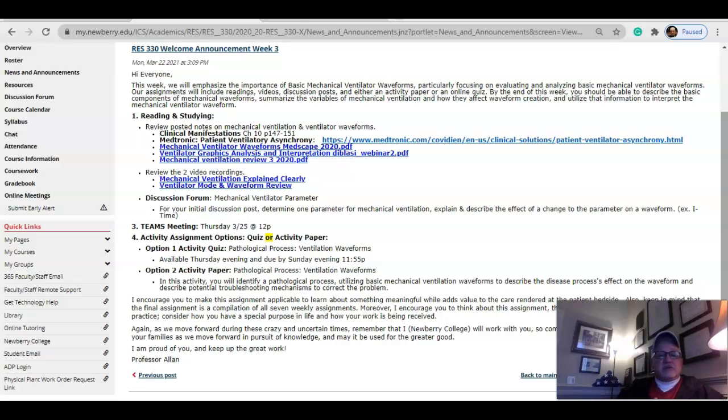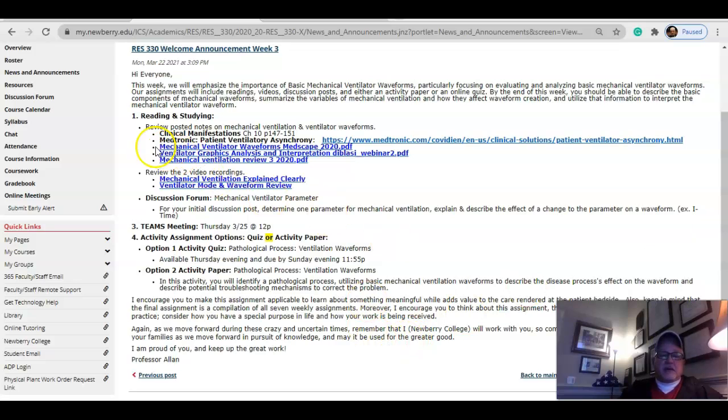By the end of this week, you should be able to have a better understanding of mechanical ventilator waveforms, the variables that affect mechanical ventilation, and the creation and formation of a waveform so that you can interpret that. The whole goal here is that you'll be able to identify any type of abnormality of what's going on so that you can make those adjustments for better bedside patient care in the unit.